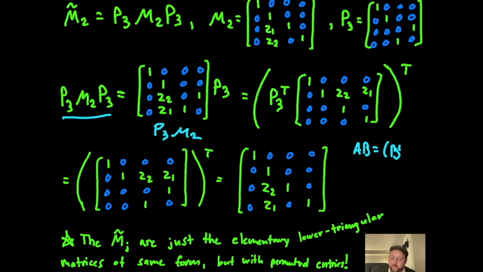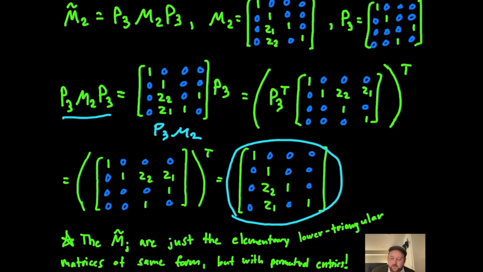I did that because I know that P3 is symmetric, so P3 transpose is just P3. It's going to swap the third and the fourth row again. That's how I wind up here: I have this matrix transposed because I used that trick. You could just multiply it out, but I'm trying to get there as quickly as possible. Then you transpose it at the end, and you wind up with this matrix.